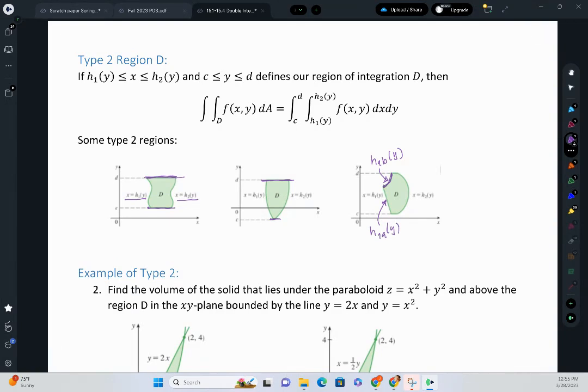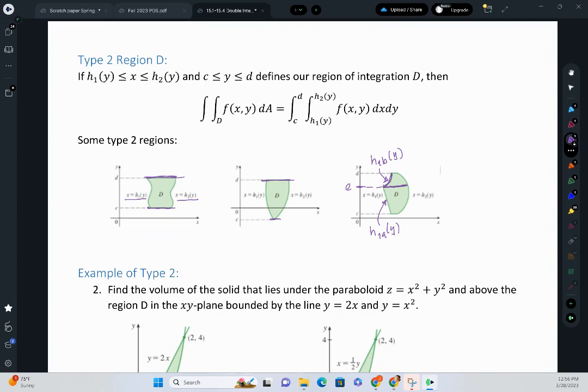So on the left, I see two h functions, and on the right, I see one. And so this is one of those ones where I need to break up my region with a horizontal line. I need to figure out the y value where that happens. I will call it E for now.